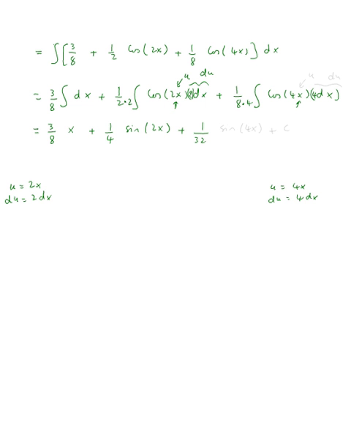Same thing, think of this as a u and this whole thing as a du. So that would be sine of 4x plus some constant t. And that's it for this example.